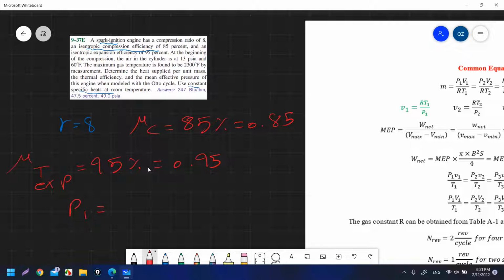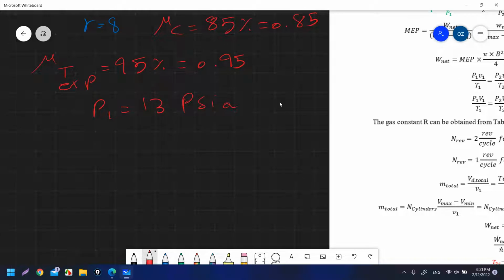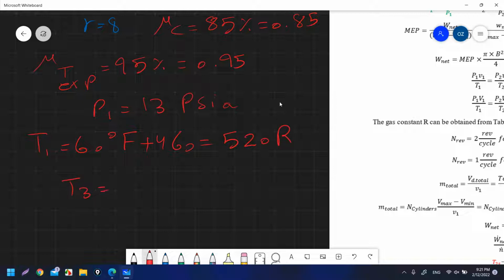P1 is 13 PSI absolute. T1 is 60 Fahrenheit plus 460, which gives you 520 Rankine. Also we have T3 equal to 2300 Fahrenheit, which is equal to 2760 Rankine.